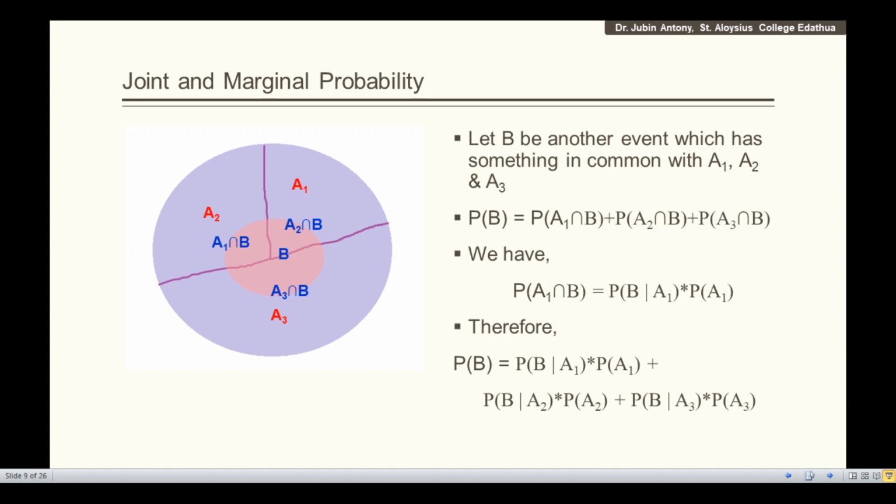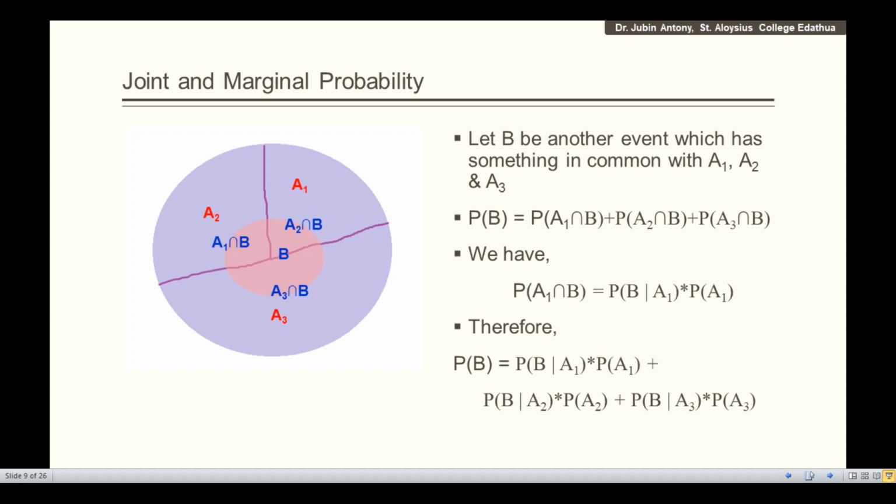Therefore, I can write probability of B as equal to probability of A1 intersection B plus probability of A2 intersection B plus probability of A3 intersection B. Here, probability of Ai intersection B is called the joint probability and probability of B is called the marginal probability.